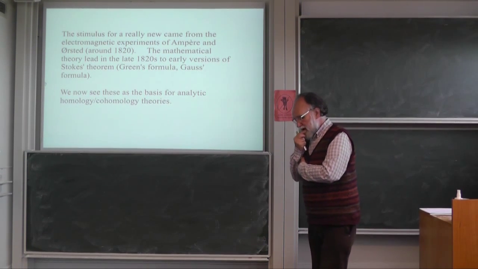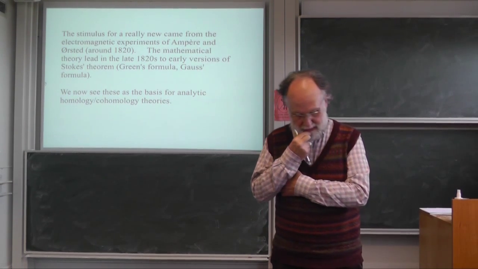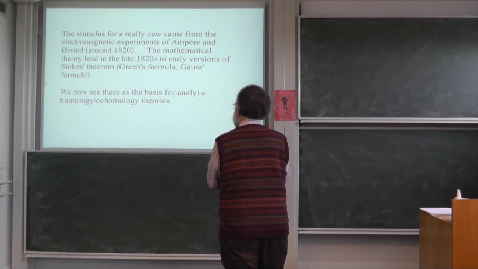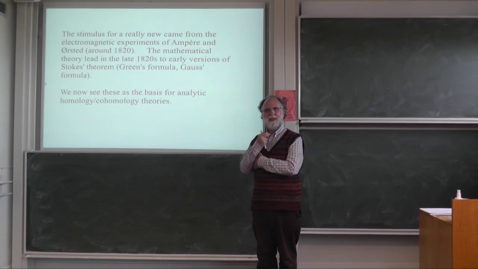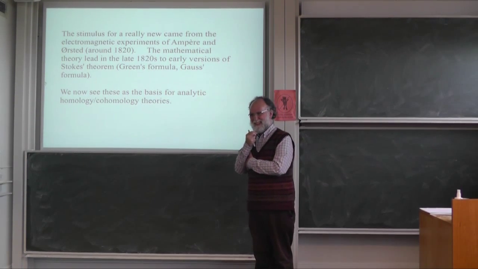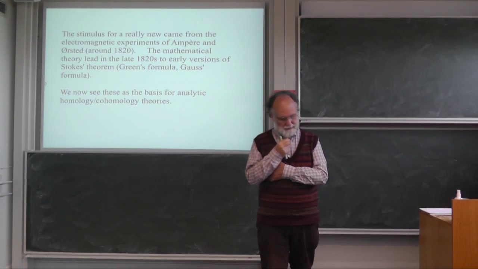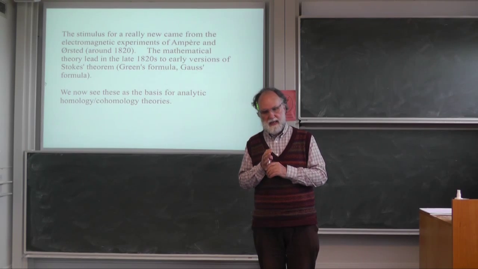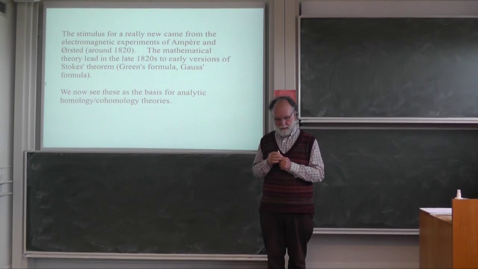So let us continue. The history of this whole subject really begins with questions dealing with magnetism. And it is only very appropriate that we're in the James Clerk Maxwell building at the moment. In about 1780 to 1800, the first voltaic cells, batteries, were developed.